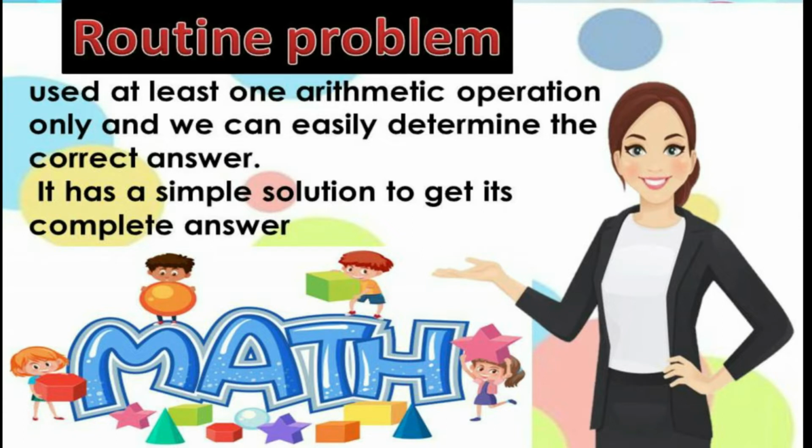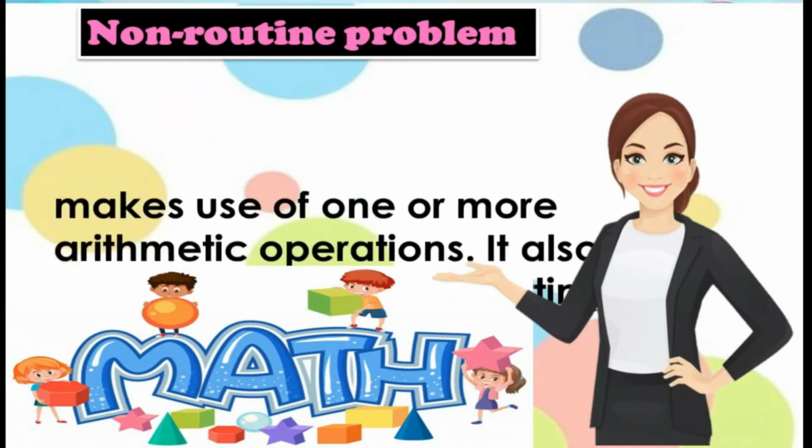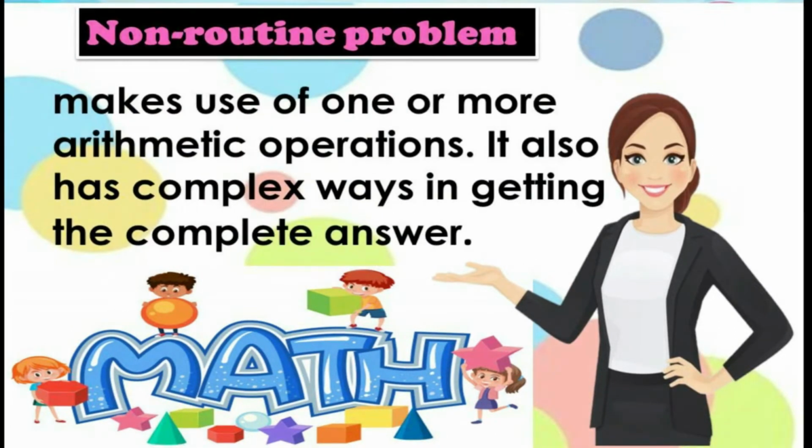It has a simple solution to get its complete answer. A non-routine problem makes use of one or more arithmetic operations. It also has a complex way of getting the complete answer.